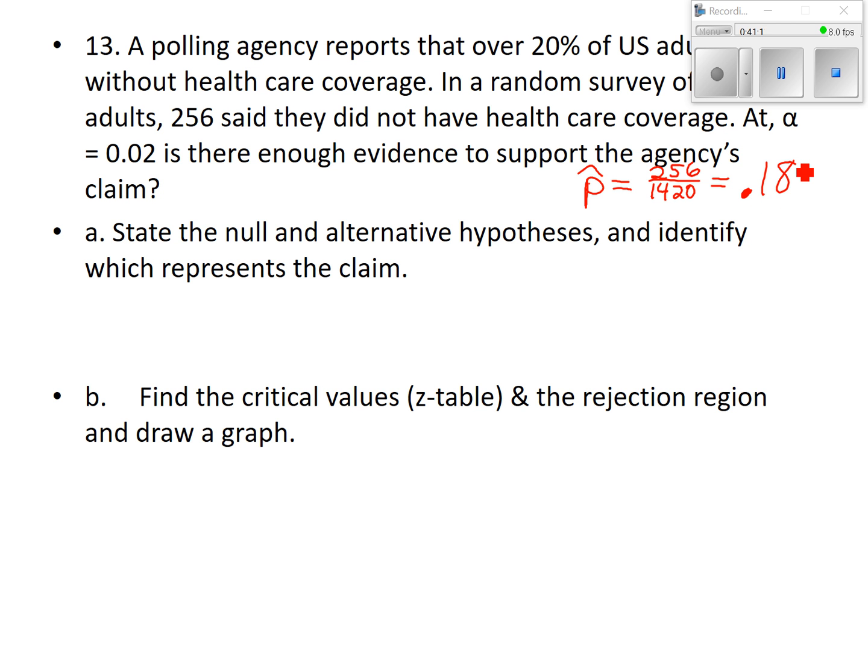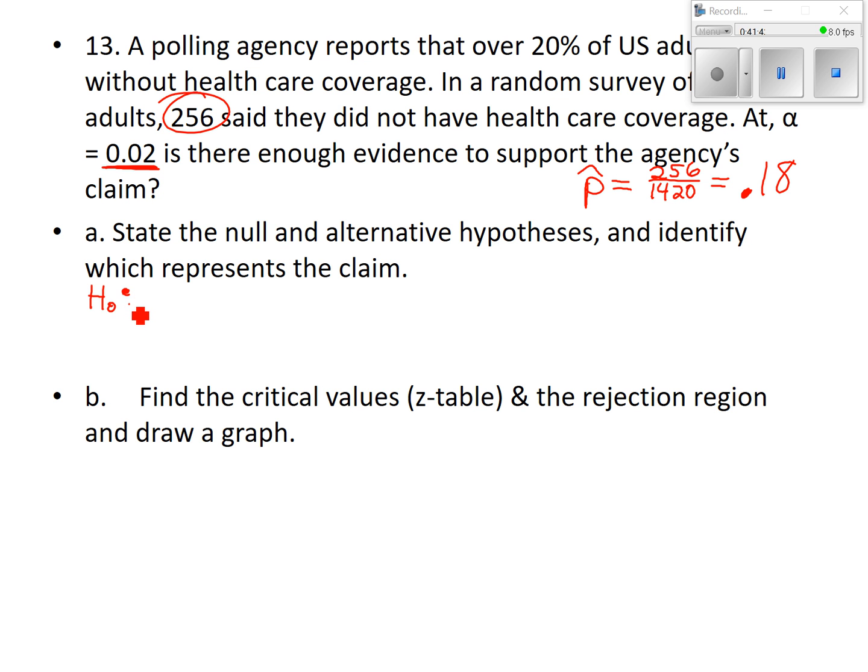I gotta take these two and divide them to get my percentage for my sample. So you have to find P hat yourself. The other bad thing with this one, 2% level of significance. That's not one of the easy ones, so we're probably gonna have to do something with that.